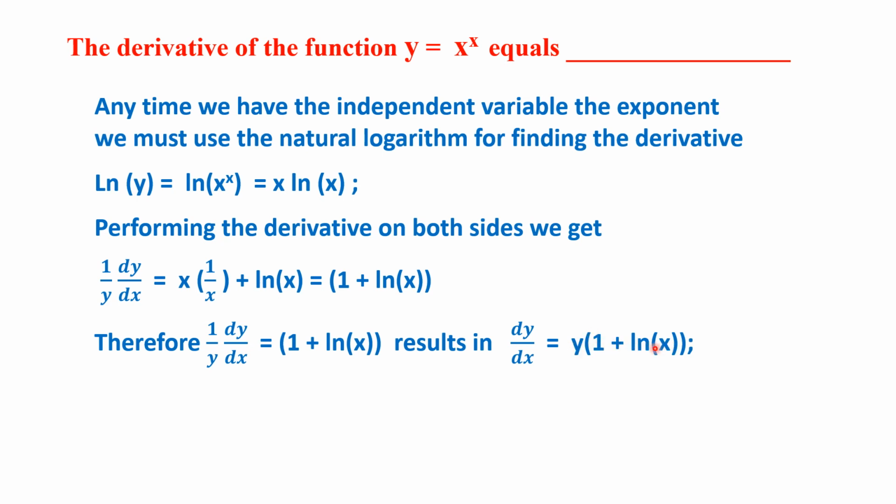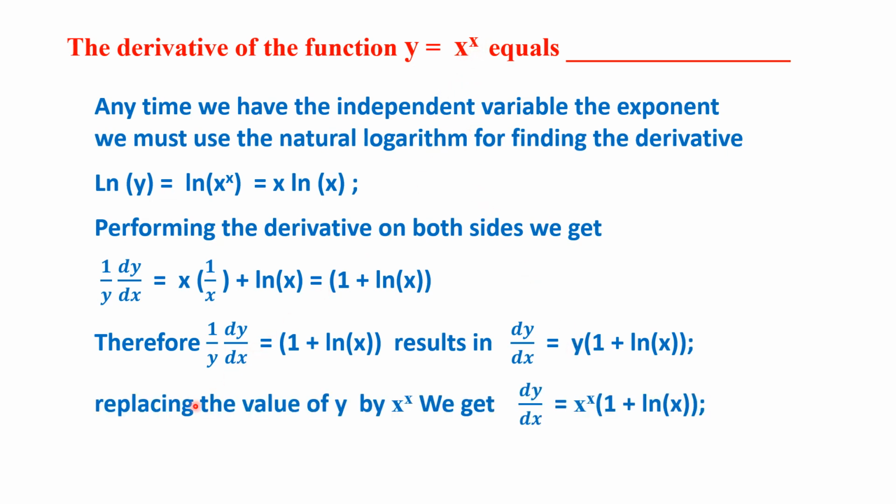But then we have to replace y by its value. The value of y is x to the power x. Replacing y by x to the power x, we get dy by dx equal to x to the power x multiplied by 1 plus ln x. The answer is therefore dy by dx is equal to x to the power x multiplied by 1 plus ln x.